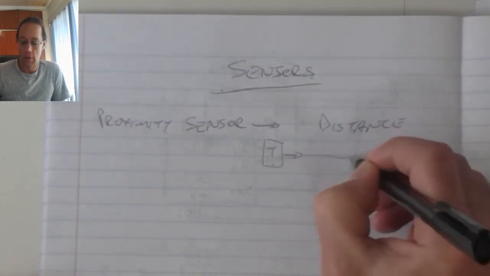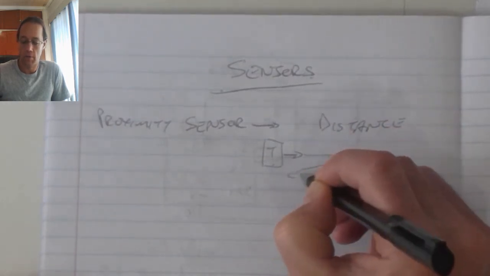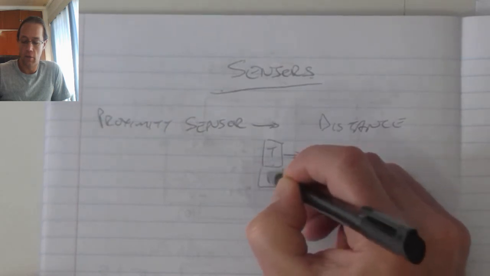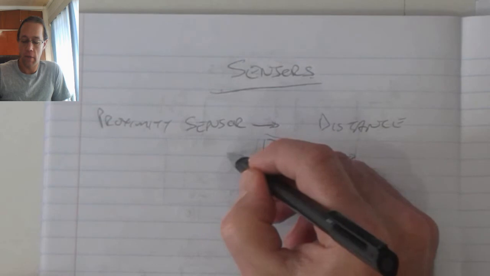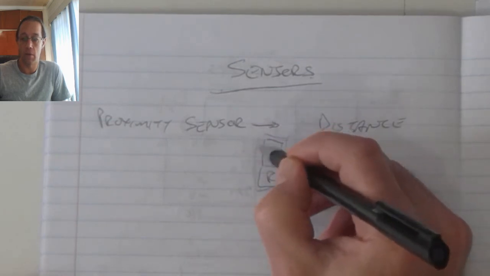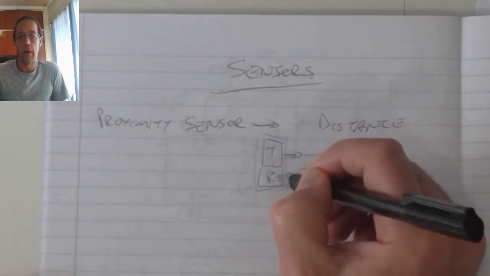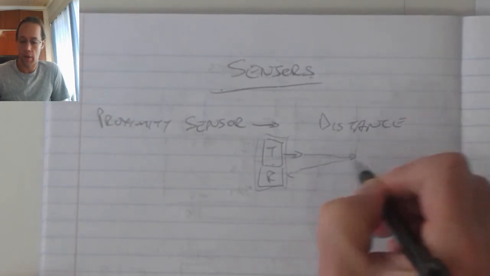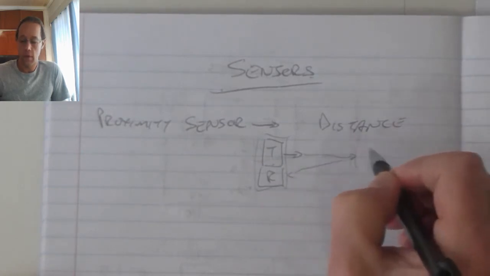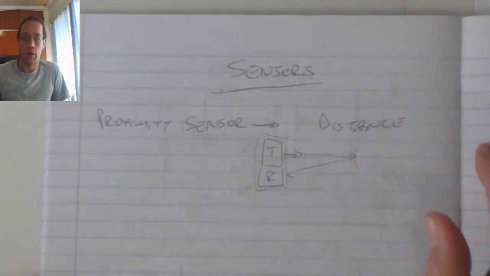That signal then bounces off an object and is returned to the receiver, and then the device measures the amount of time between the transmission and the receiving, and depending on what type of signal was transmitted, it will then determine the distance from the object.